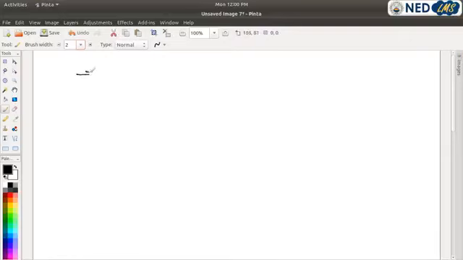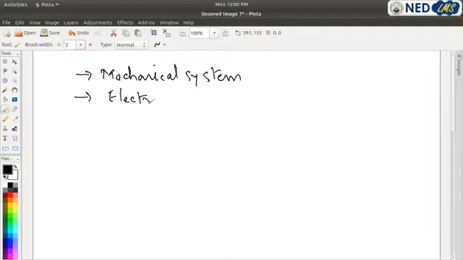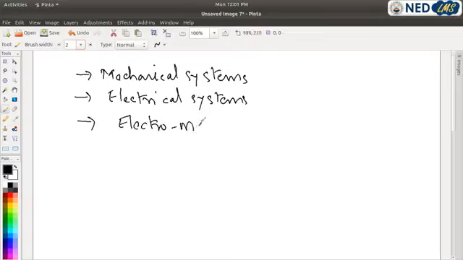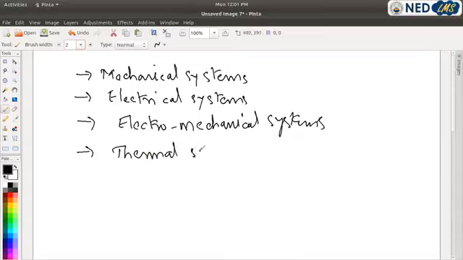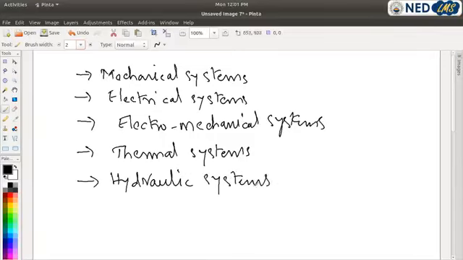For example, mechanical systems, electrical systems, electromechanical systems, thermal systems, hydraulic systems, and etc. There are various fields in which the control system or control theory can be applied.